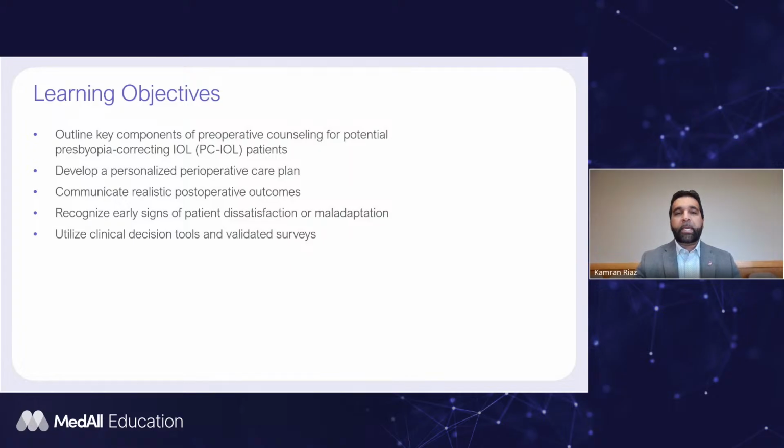We can communicate realistic post-operative outcomes to patients. We can recognize early signs of pseudophakic unhappiness or maladaptation, which I would argue is just as important as being able to do surgery correctly. And finally, we'll talk a little bit about utilizing clinical decision tools and some validated surveys to improve the process both for us and for our patients.